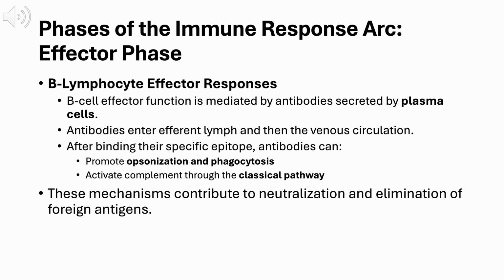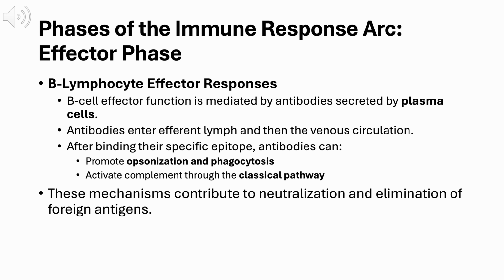Now, the antibody arm of the effector phase. B-cell effector function is carried out not by the B cells directly, but by the antibodies their plasma cell descendants secrete. Those antibodies drain into the efferent lymph and then enter the venous circulation, spreading throughout the body to find their target. Once an antibody binds its specific epitope, it can do two main things.